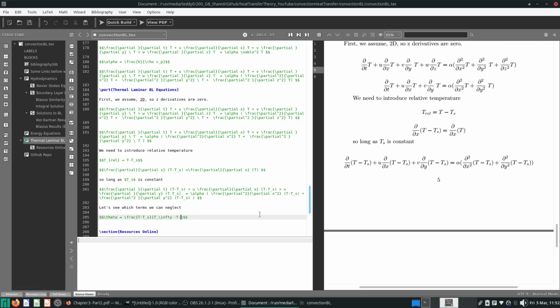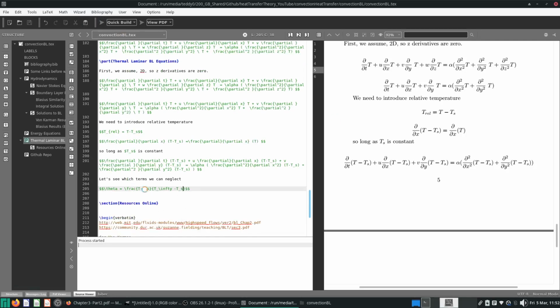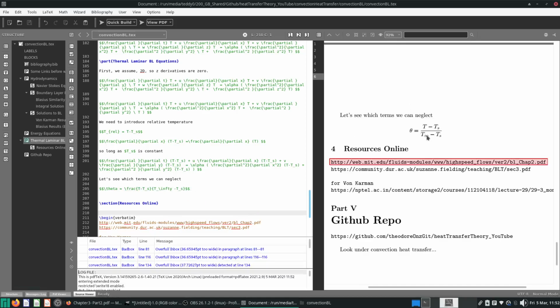For temperature, it is T minus Ts. This is the relative temperature at any point versus the relative temperature at T infinity, I mean at the free stream.